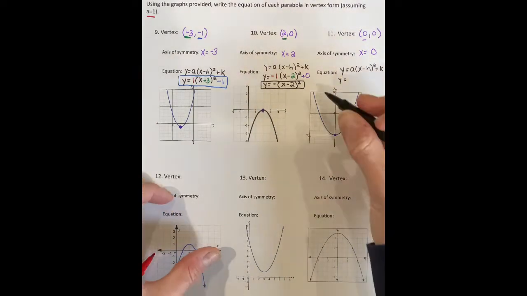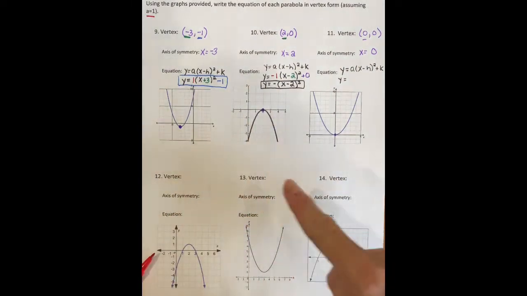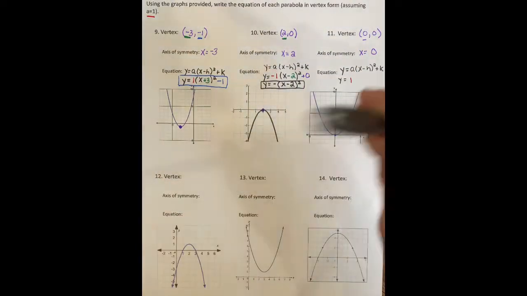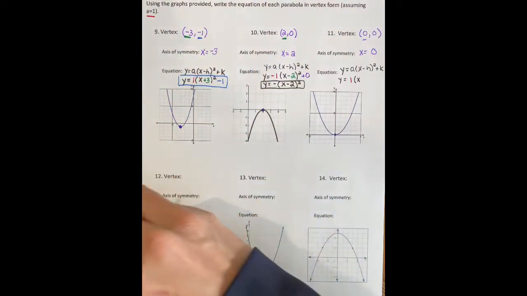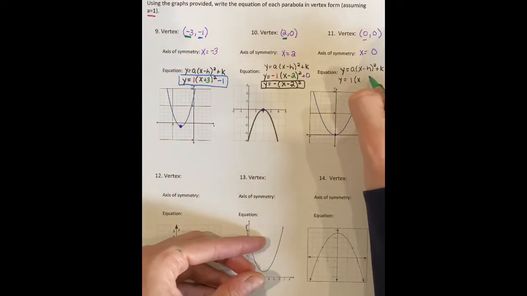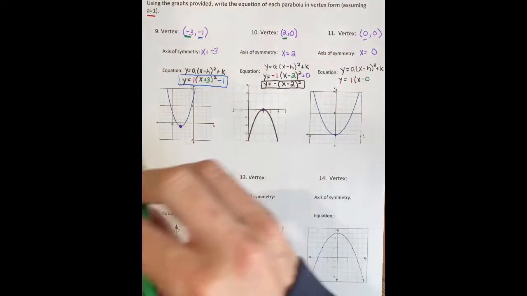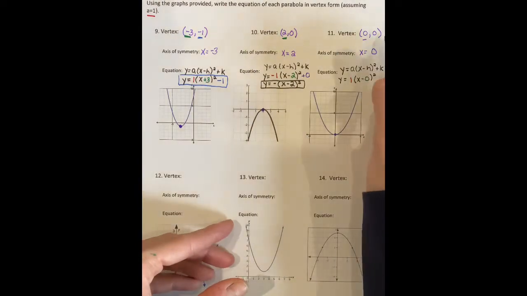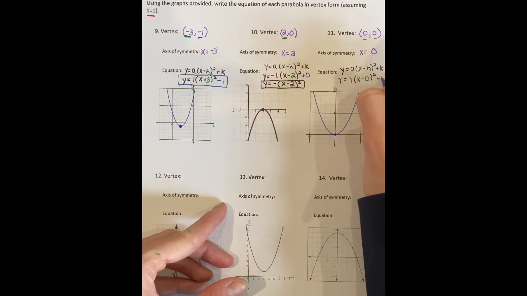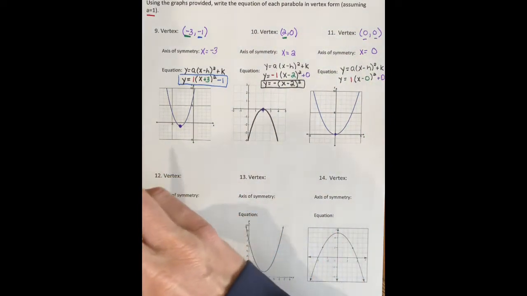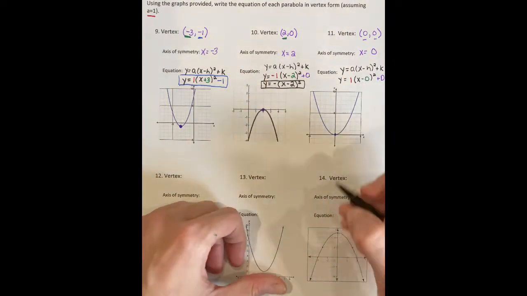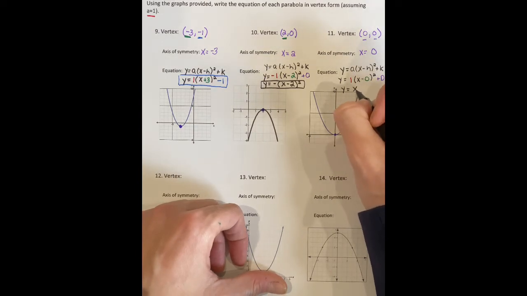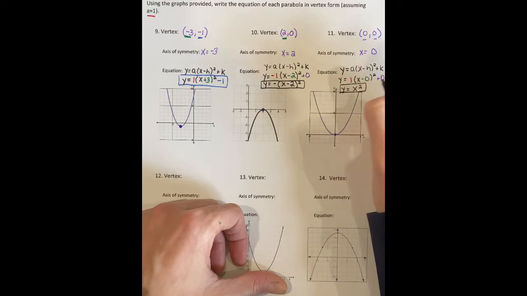So y equals, it's a parabola facing upwards, so that means my 1 is going to be positive. Then I have x. Instead of minus h, my h is a 0. So we can just minus a 0, squared. Instead of plus k, my k is a 0. So it's +0. So we could just simplify that, because when you subtract 0, it really means nothing. And when you add 0, it really means nothing. So really, you're just left with y equals x squared.